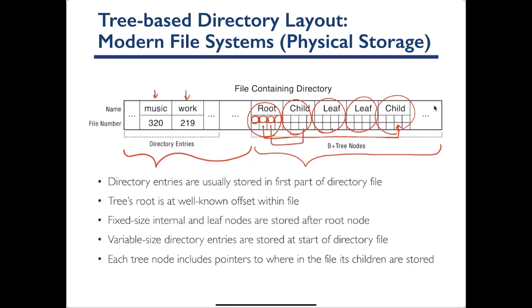This could point to this child. This could point to another child. So anyhow, the rest of your file basically becomes the tree data structure. So we're storing more data in our directory files, but this gives us the benefit that searching is faster.